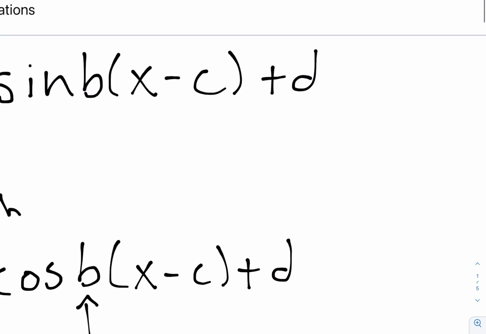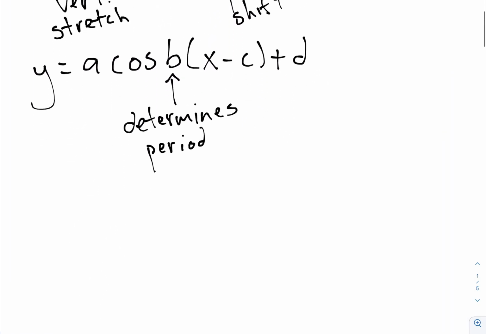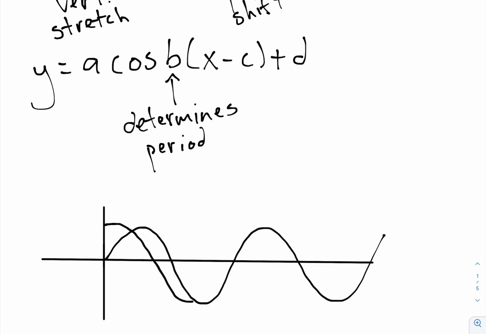Now the c right here is called the phase shift. I talked about it in the last video with sine and cosine. Let's say this was our graph of sine, and we know that cosine is shifted pi over 2 radians to the left.